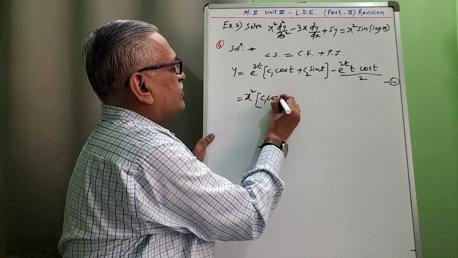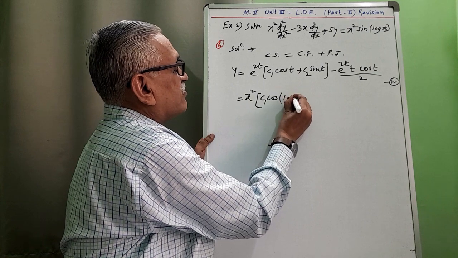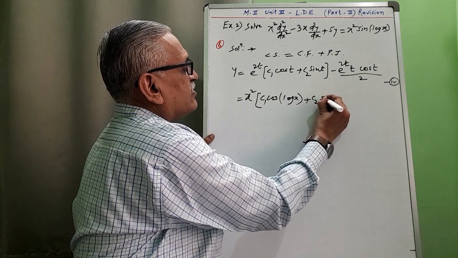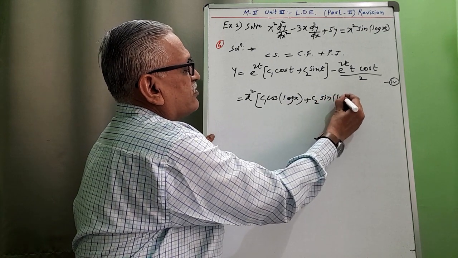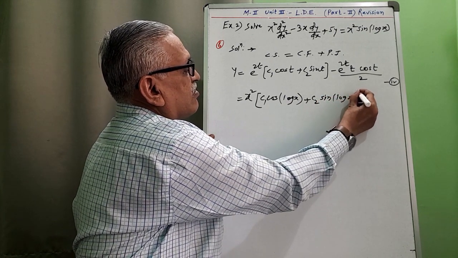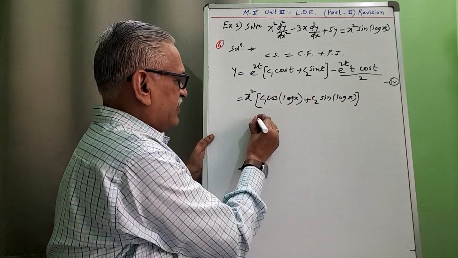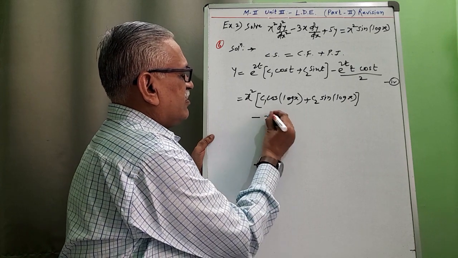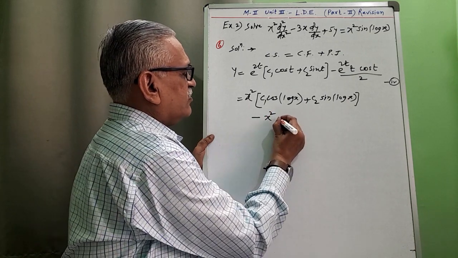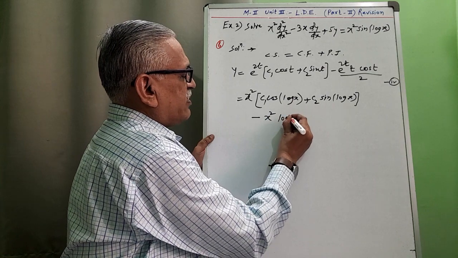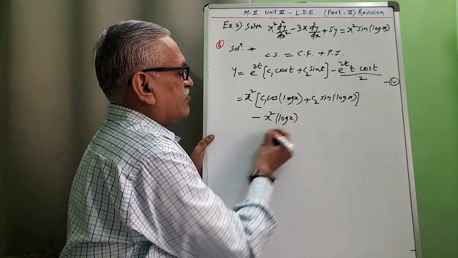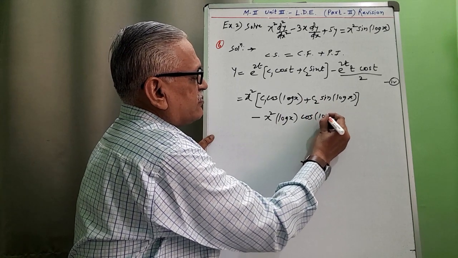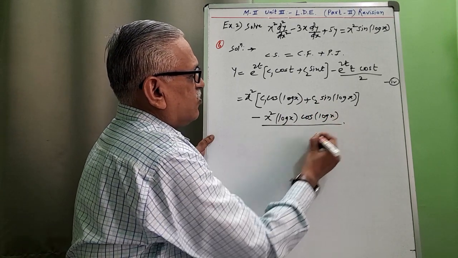C1 cos of t is log x, plus C2 sin of t, sin of log x, minus e raised to 2t, it is again x square, t is log x, cos of t, cos of log x, and whole divided by 2.